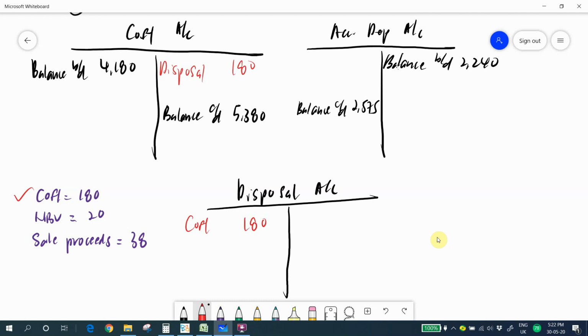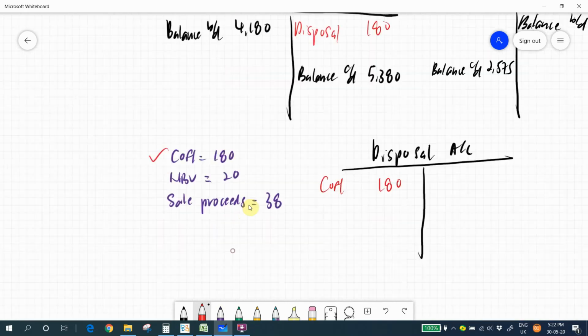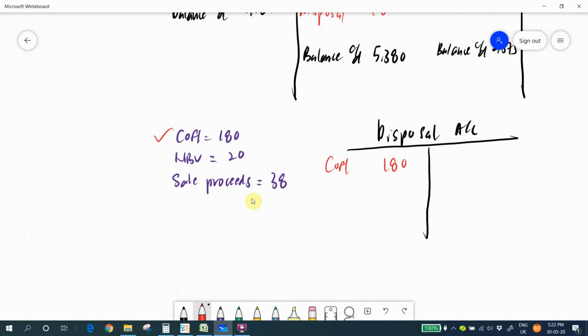Next, we have to reverse the accumulated depreciation. But in the additional information here, we don't have any info regarding the accumulated depreciation. So what we need to do is a working. If you understand the concept in your property, plant and equipment well, you will know that NBV equals cost minus accumulated depreciation.